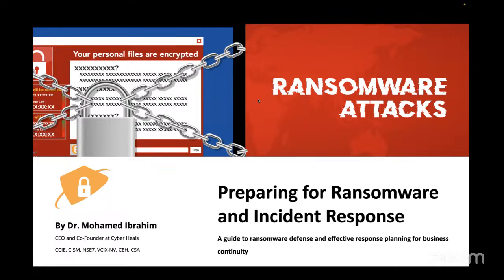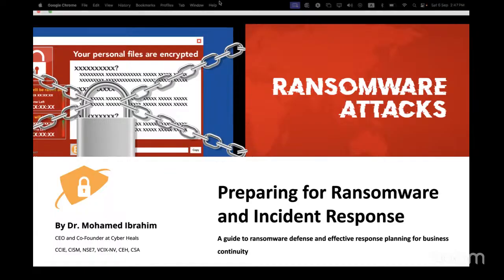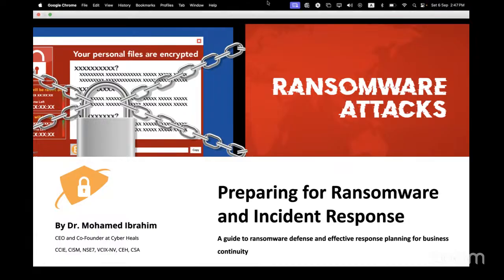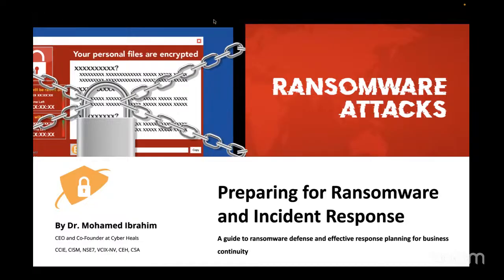Okay, I think all of you are right. Ransomware is where it locks and encrypts, and to decrypt you have to pay the money. So how do you pay if you are infected?